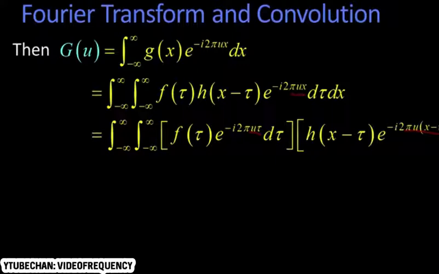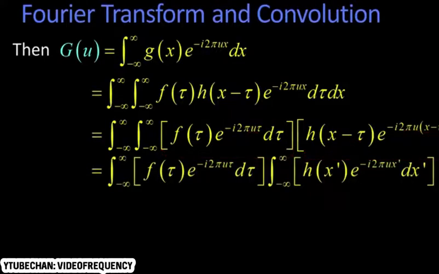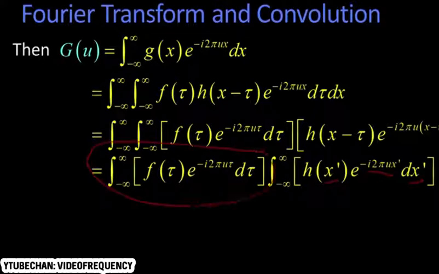If you multiply those together, you would just get ux, so it's the same thing. But I've rearranged it so all the tau stuff is here, and all the x stuff is there. And so we're going to make a quick change of variables. I'm going to define a new variable, x minus tau is x prime. So now I've converted that to x prime, and I've got one integral here, and one integral there.